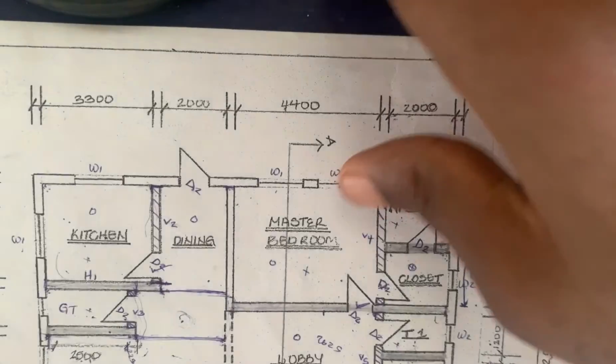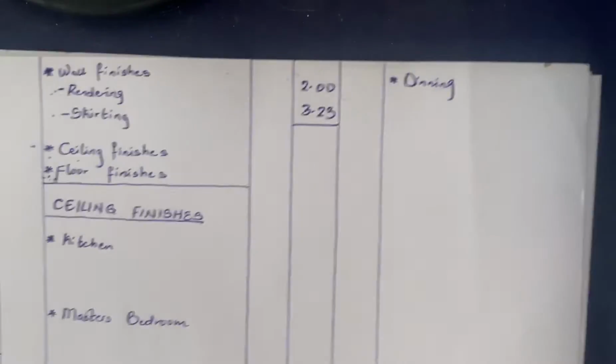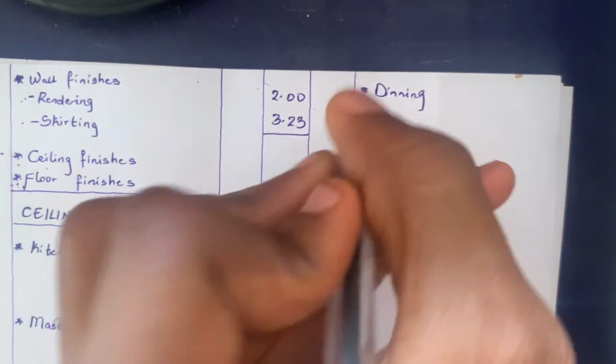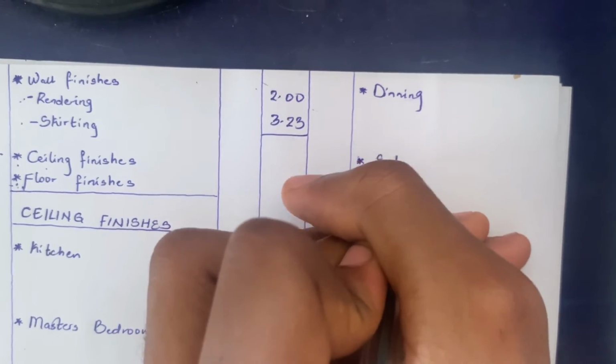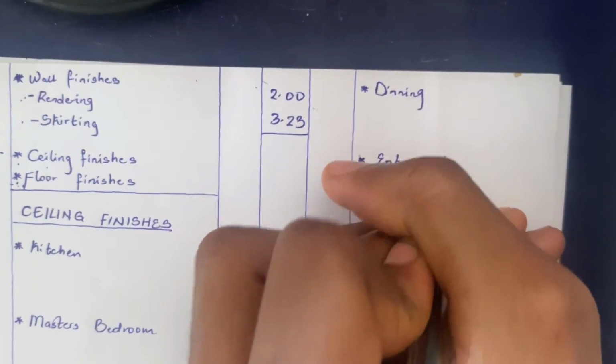Then now, how do I write it down in my taking off sheet? We'll now say entrance to guest toilet.